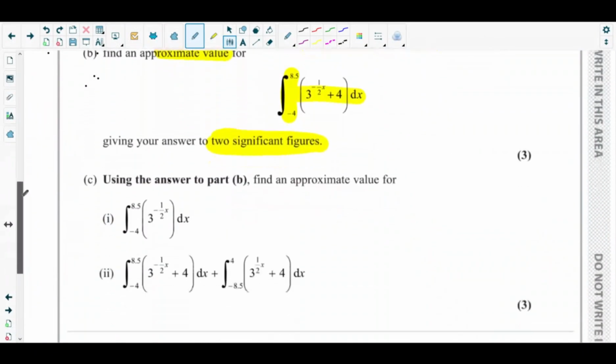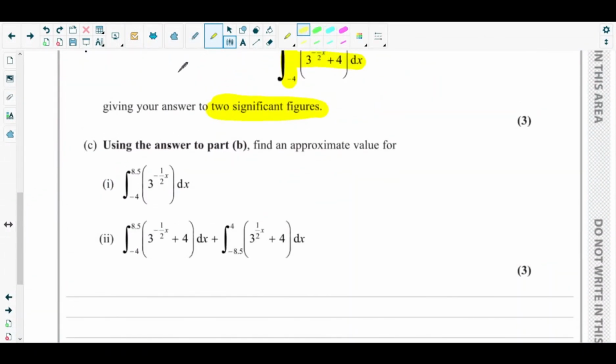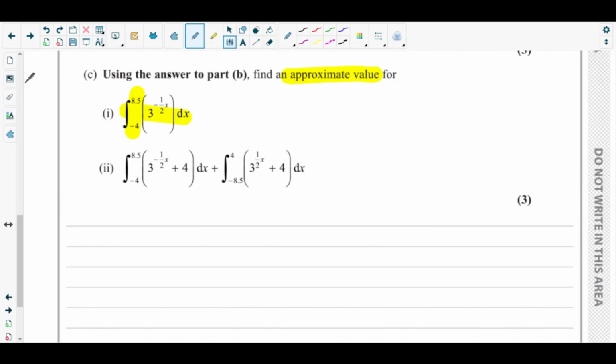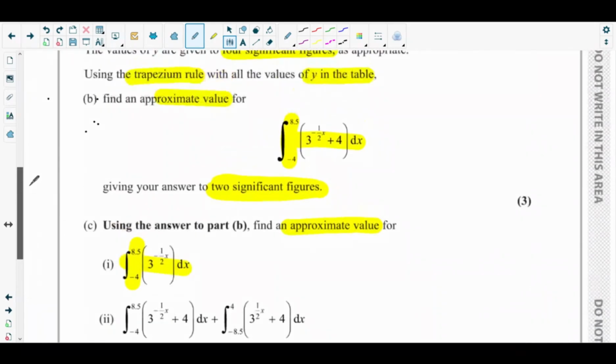Okay, next is part C. Using the answer to part B, find an approximate value for the integration of 3 to the power inverse half x dx from -4 to 8.5. We need to use the answer from part B. So how can we approach this?